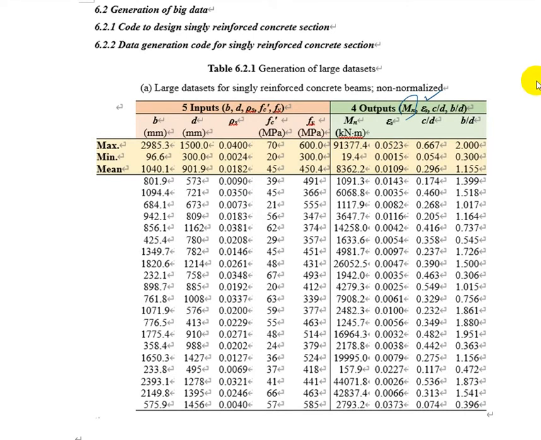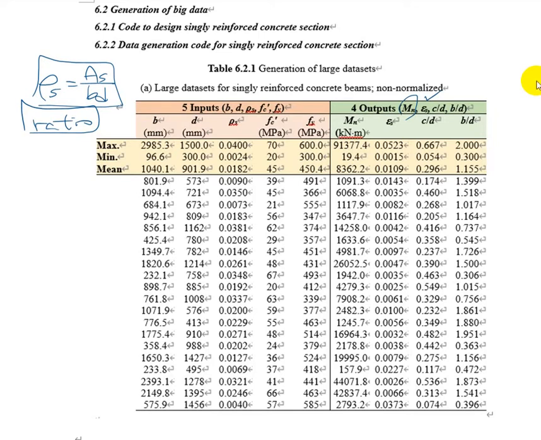The rho S is the steel ratio, which is calculated by dividing the steel area by the sectional area. It tells how much steel you use in the beam section for resisting loads.